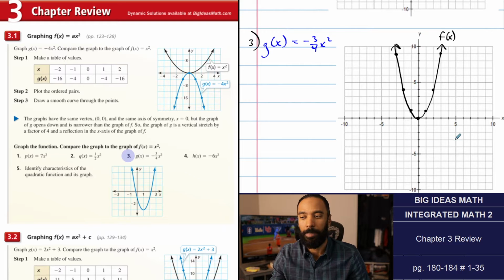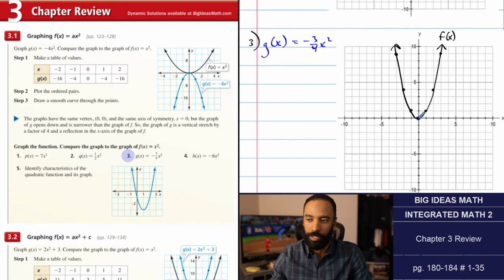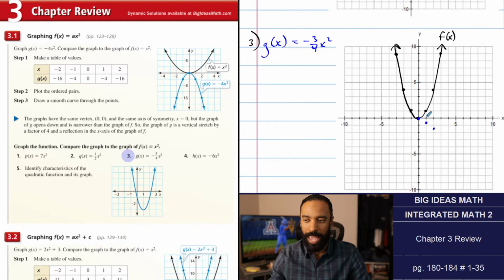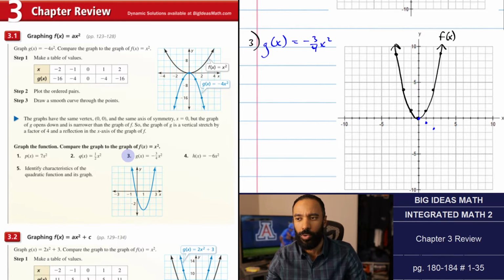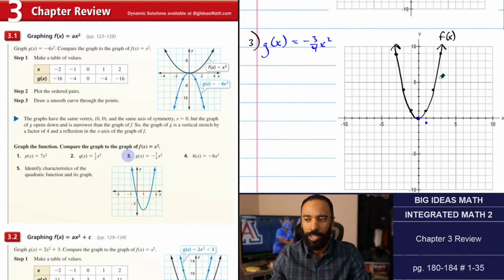So instead of going up, basically, I'm going down. How much am I going down? I'm going down 3/4 of 1. That's 3/4. I'm going down 3/4 of 2. 2 divided by 4 is 1/2, and half of that is 3 halves, I should say. So -1.5 there. So 3/4, no, is that right? Hold on. Not 3/4 of 2, I'm sorry, 3/4 of 4. 3/4 of 4 is -3.